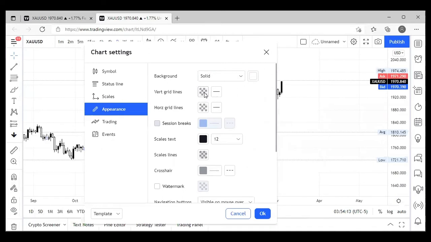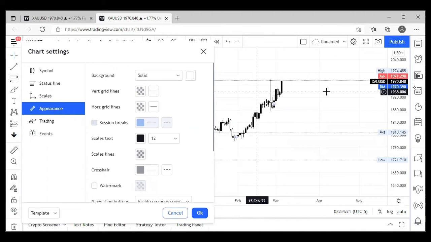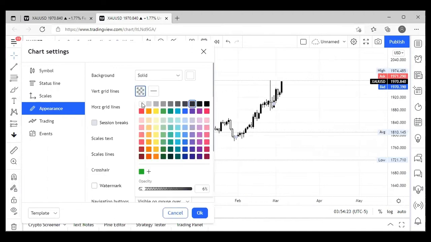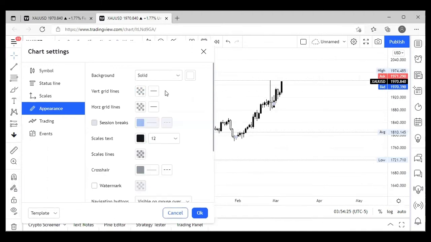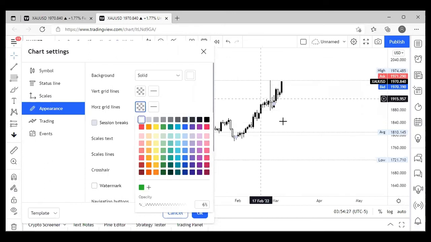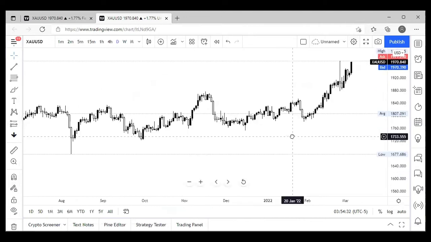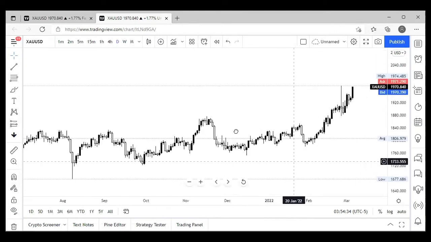We have vertical grids and horizontal grids, right? So grid lines. I can change the color. They're gray. I can make it plain, so there's no grid on my chart completely. There you go. I've customized my chart.